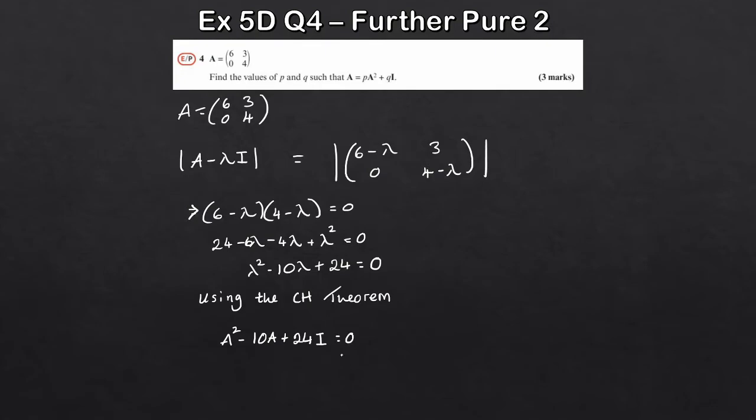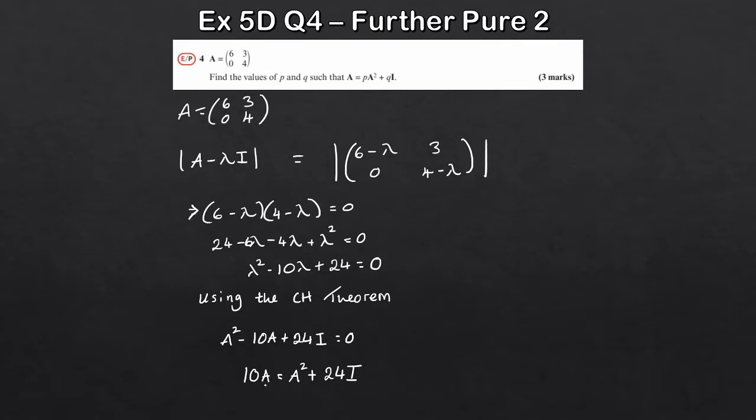Now, simply, I just want this in terms of A. So it's A is equal to some multiple of A squared plus another multiple of I. So all I need to do now is rearrange this to be in terms of A. So simply, all I've got to do is say it's minus 10A across by adding 10A to both sides. So 10A is going to be equal to A squared plus 24I.